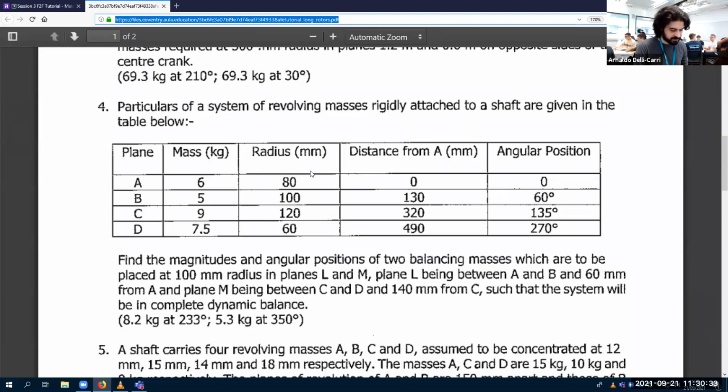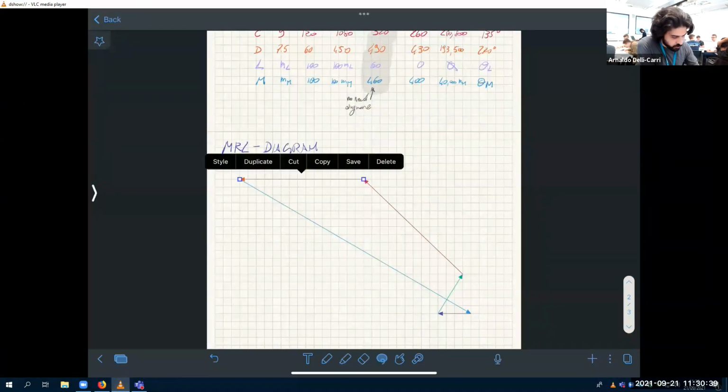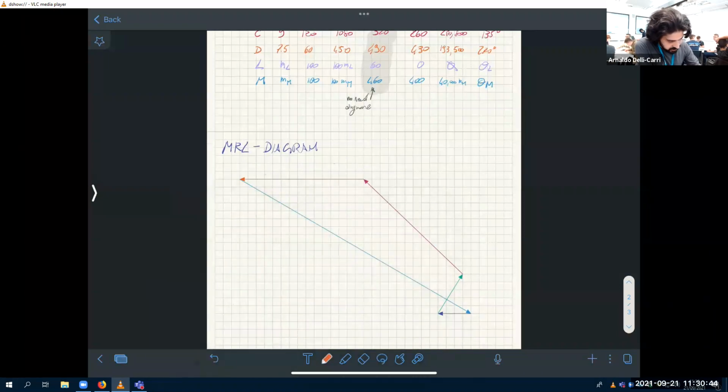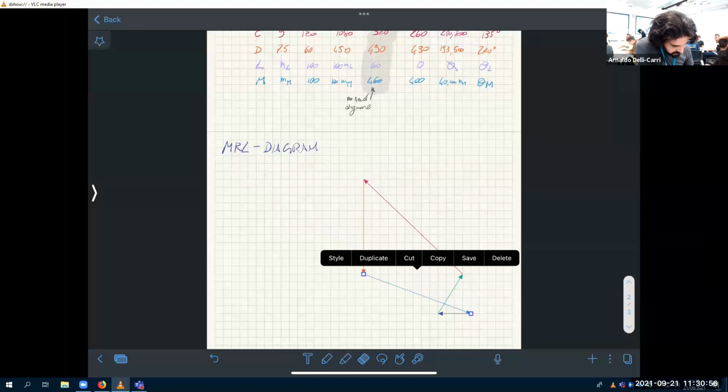Yes, you're right. Thank you. So this is 180 degrees. This angle here is not 270. This is 270. You're correct. Thank you very much. So this should be pointing down. And so that means that this vector is this.